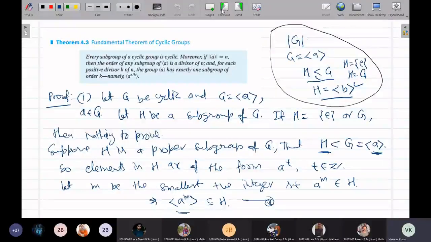The second part says that if the group generated by a, or we can say the order of a, or in fact if a group is cyclic and has order n, then the order of any subgroup is a divisor of n. So what do we need to prove?